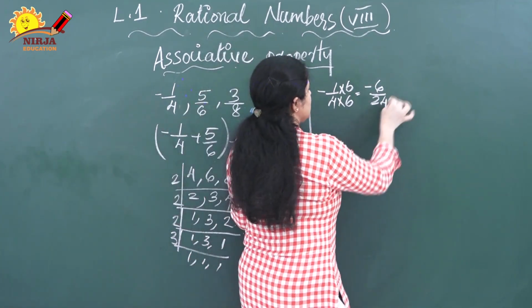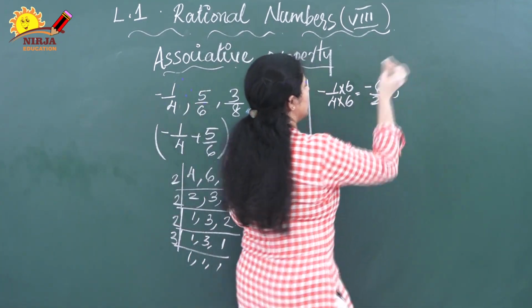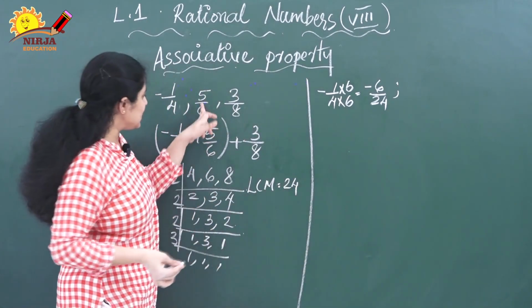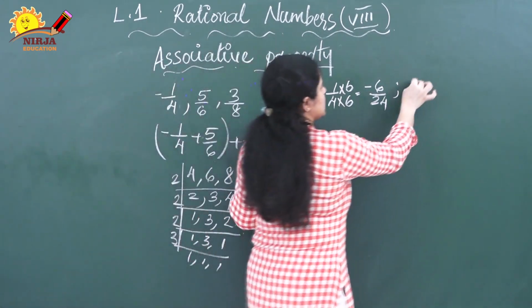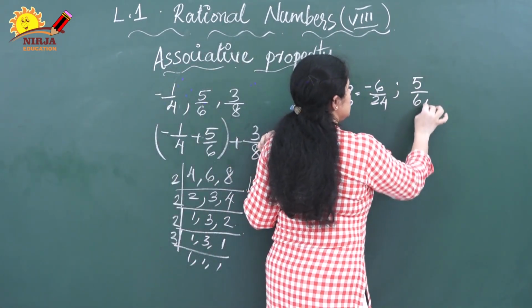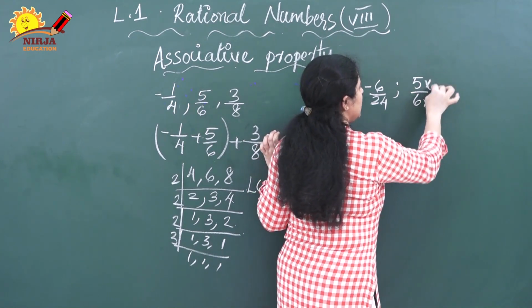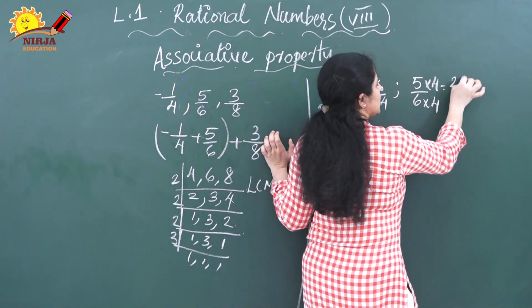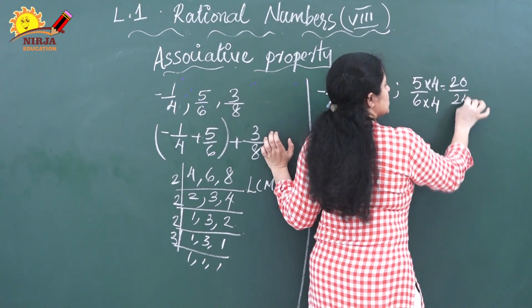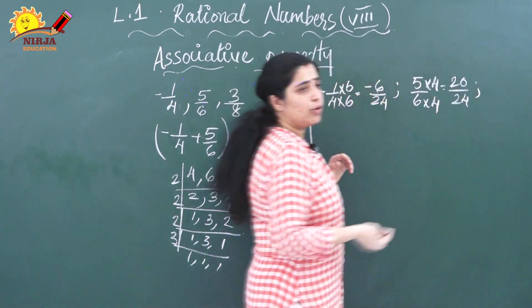Now I will change the next number. What is the next number? That is 5/6. Multiply this by 4. 5 4s are 20, 6 4s are 24.